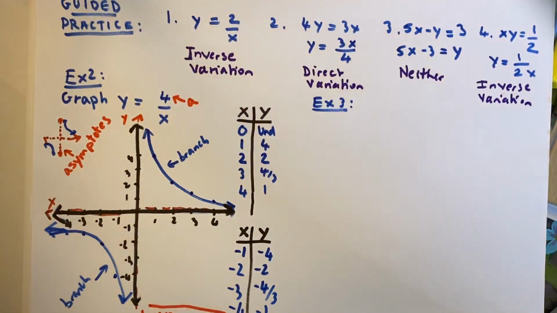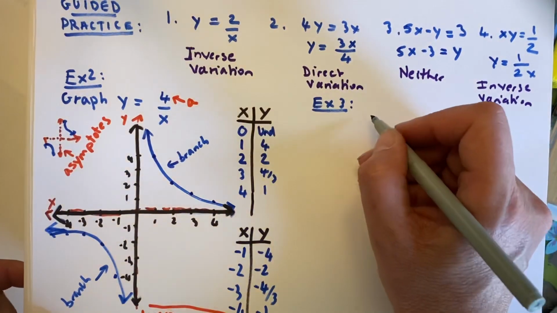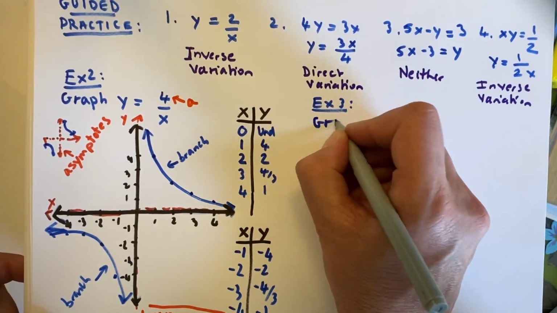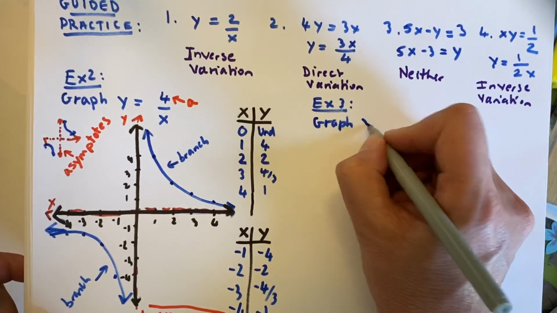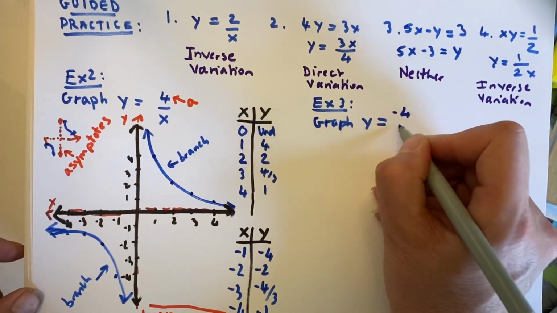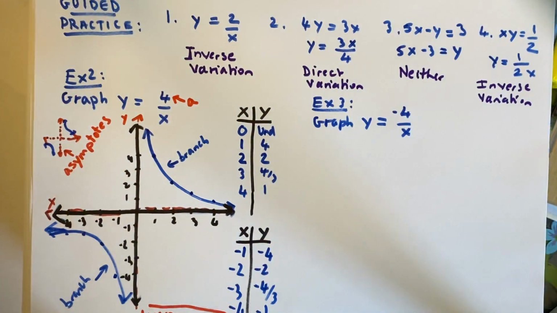If I do example 3, example 3 is going to give you something with an a value which is negative, to see the difference. And so this one is going to be graph y equals -4 over x. And we're going to do that the same way. I'm going to draw my coordinate system.